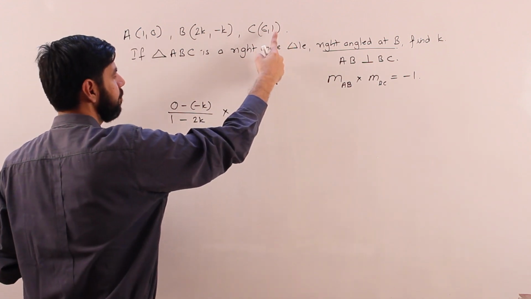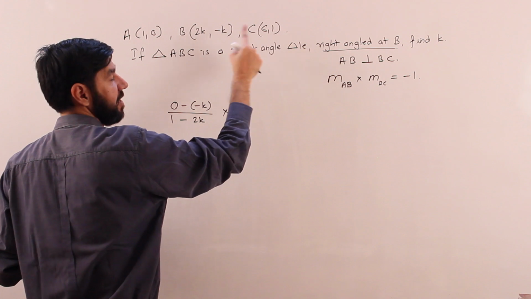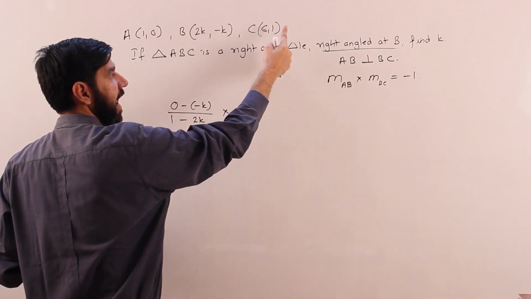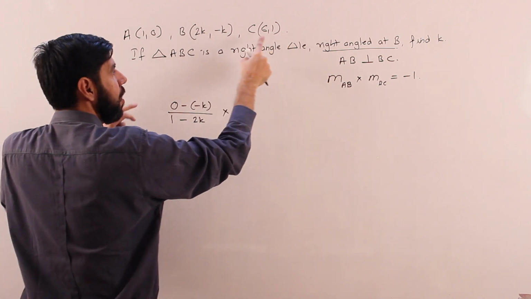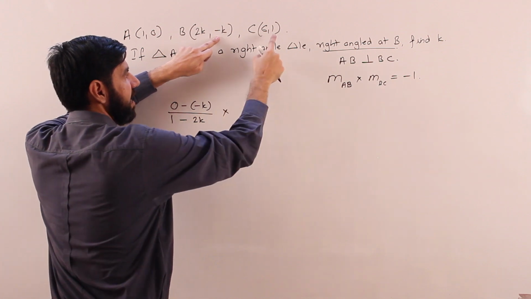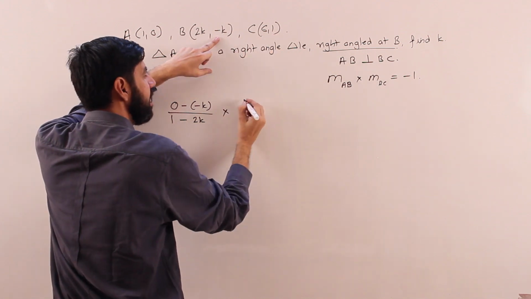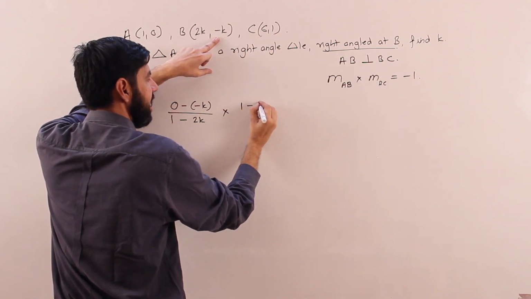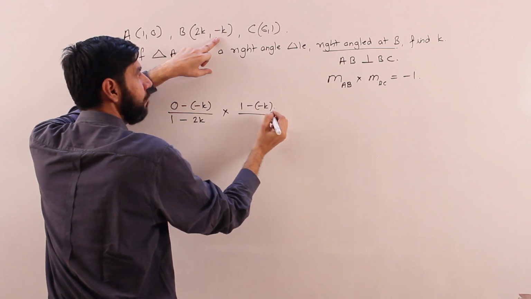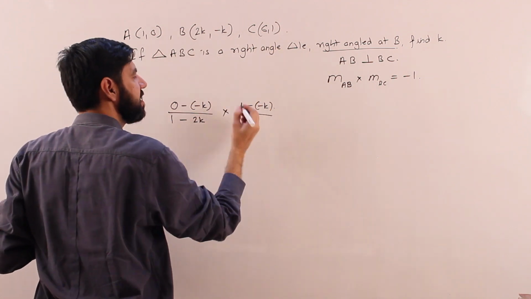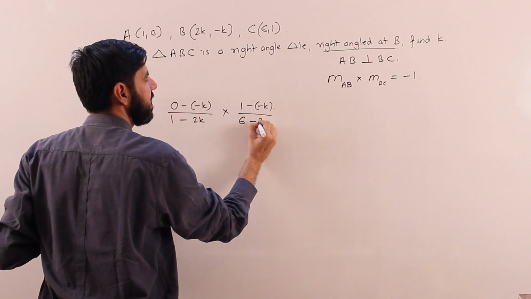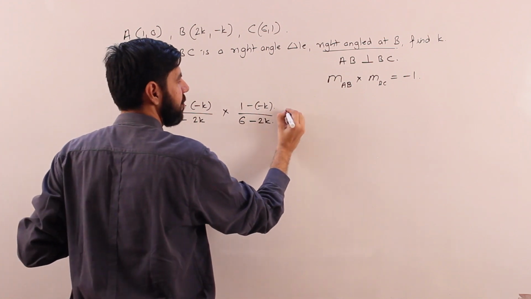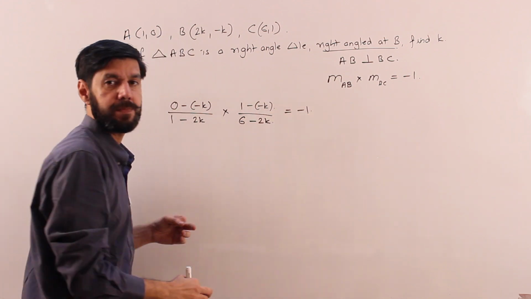This time I'll do change in y. Remember, first, in the numerator, change in y. I'll do C minus B. That will change this negative sign. So I'll do 1 minus of minus K over, I will have to be consistent, I'll have to do 6 minus of 2K. And this product is minus 1.